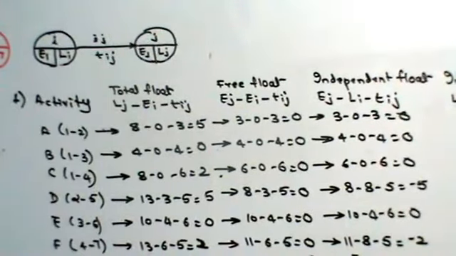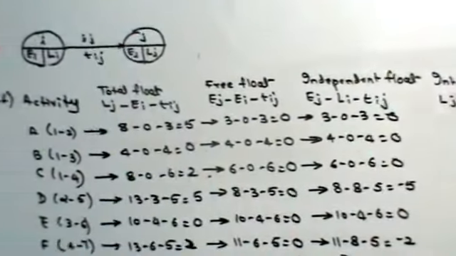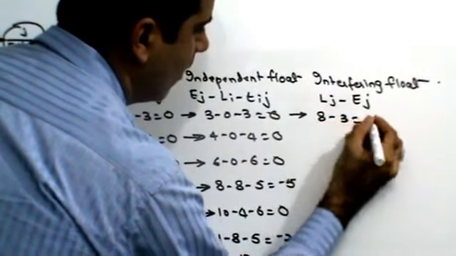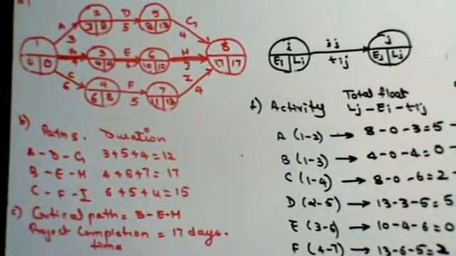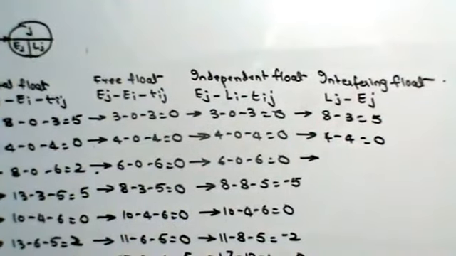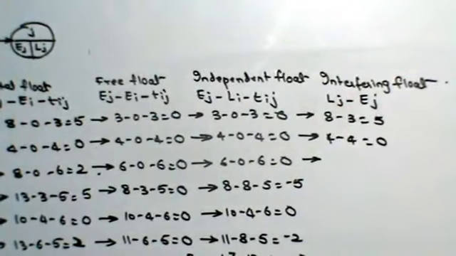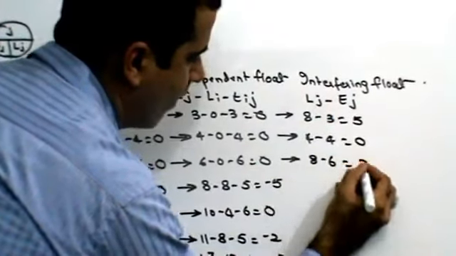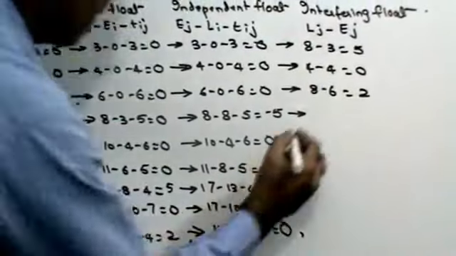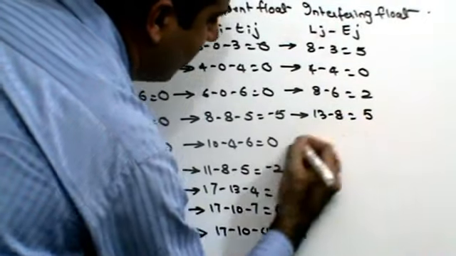Lj minus Ej, right? So let's see for activity A. For activity A, this is going to be 8 minus 3. Next, for activity B, it is going to be 4 minus 4. For activity C, it is going to be 8 minus 6. For activity D, it is going to be 13 minus 8, which is 5.